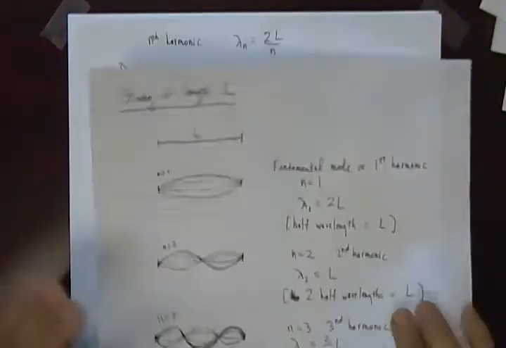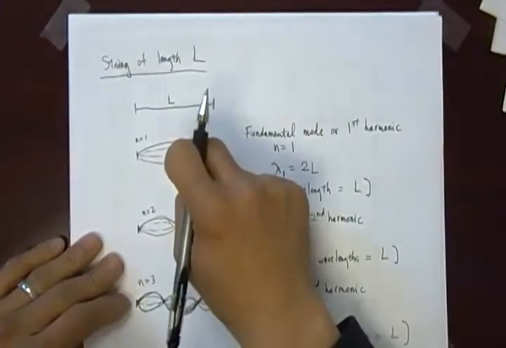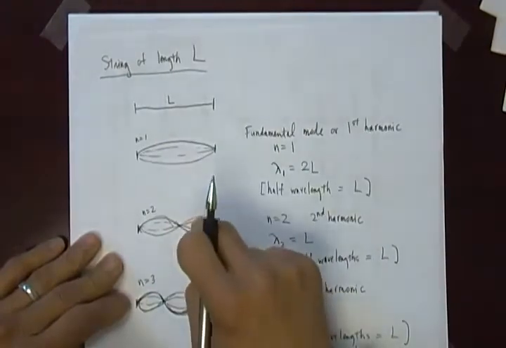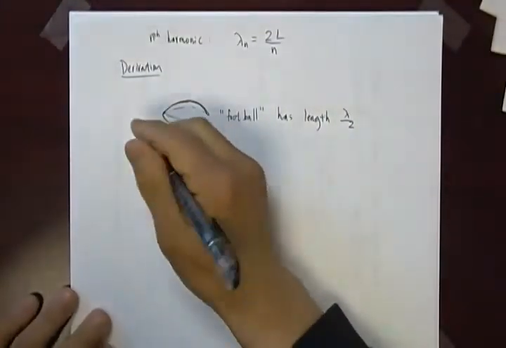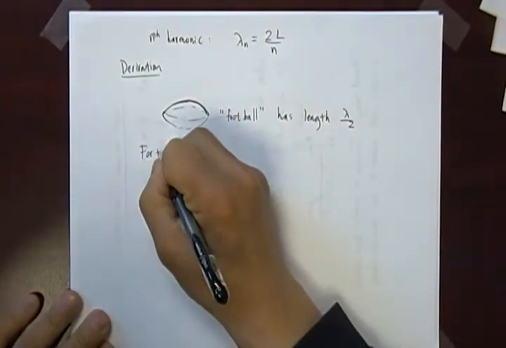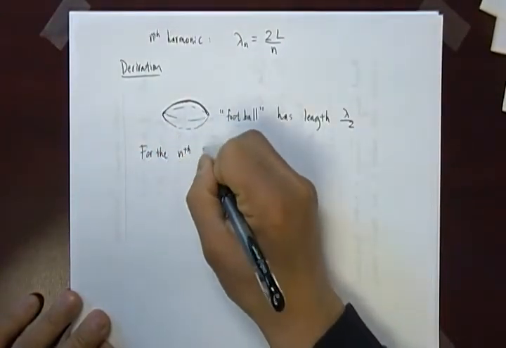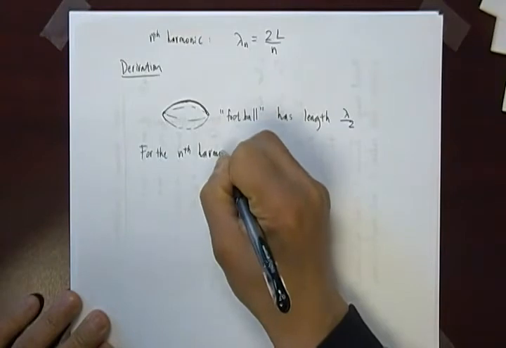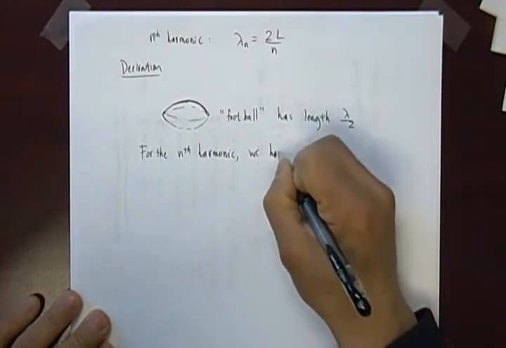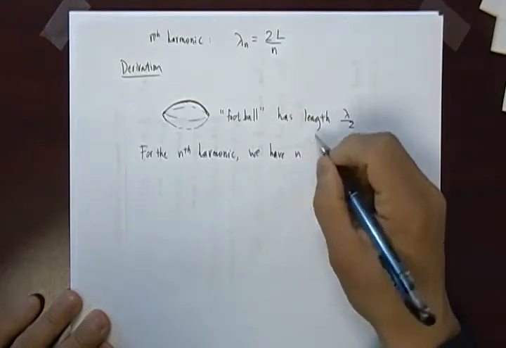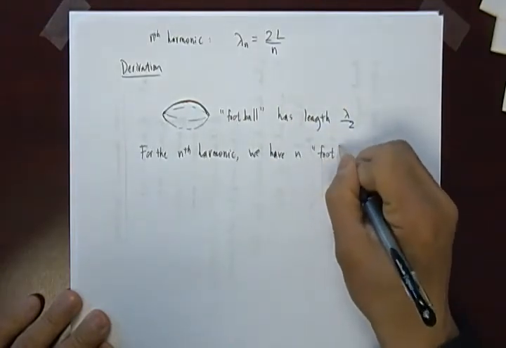Alright, so we're just counting footballs. There's 1 football here, there's 2 footballs here, there's 3 footballs here. Okay? So the pattern is for the nth harmonic, we have n so-called footballs.